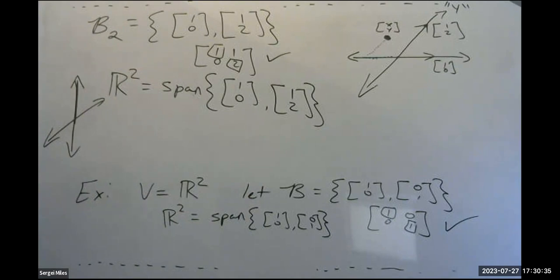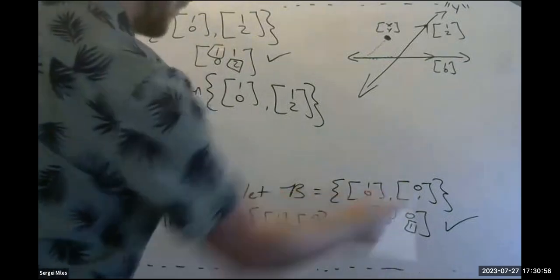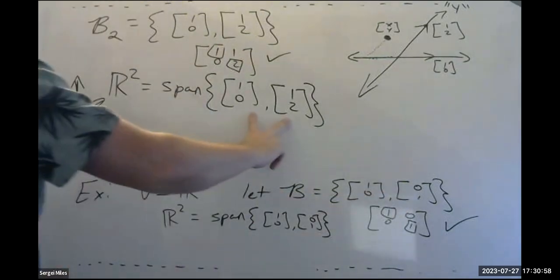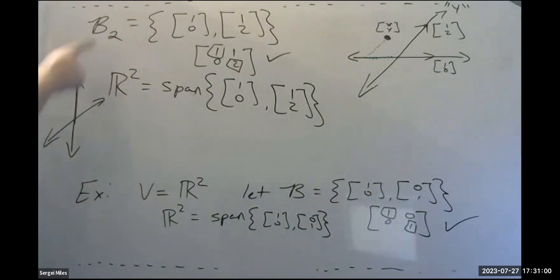You want some lunar module or a Mars rover or something. You want it to be able to move around in different directions, and to traverse in any possible direction. Then you need to give it the ability to travel along unique axes. They don't necessarily have to be the x and y axis, but they have to be unique directions. So this is a basis, and this is a basis.